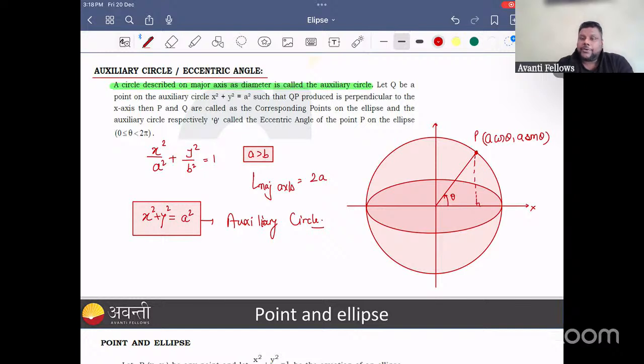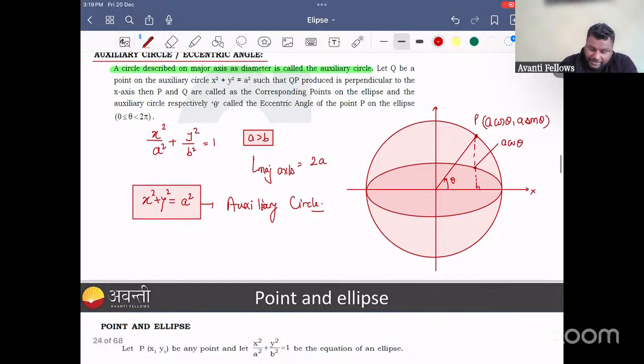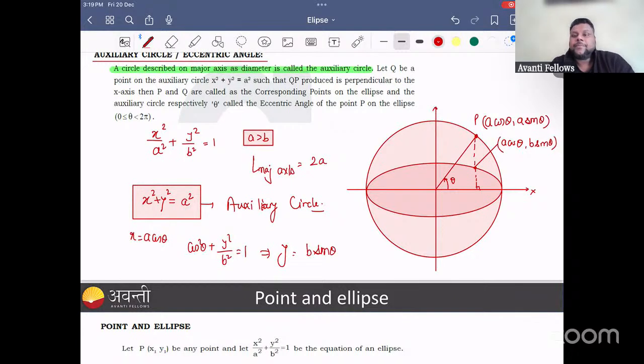The x coordinate here is again a cos theta. In the equation of the ellipse, if I put x as a cos theta, I get cos square theta plus y square upon b square equals 1. So y is plus b sin theta. So it is a cos theta comma b sin theta. Got it? So this is the parametric point on the ellipse.